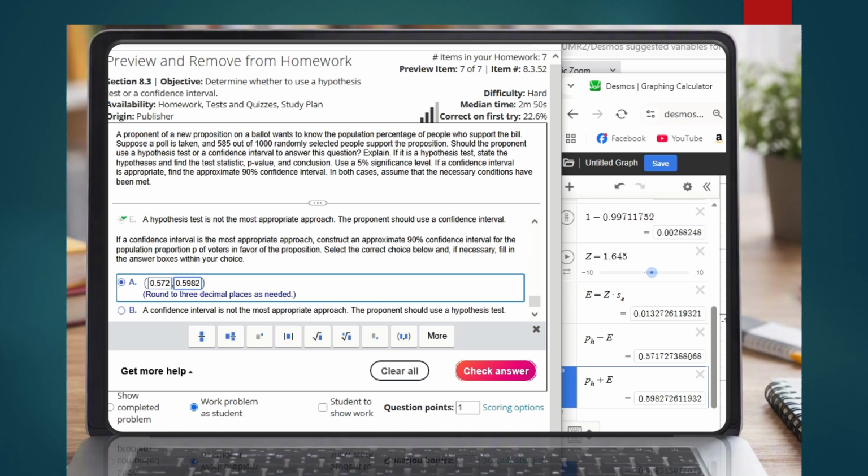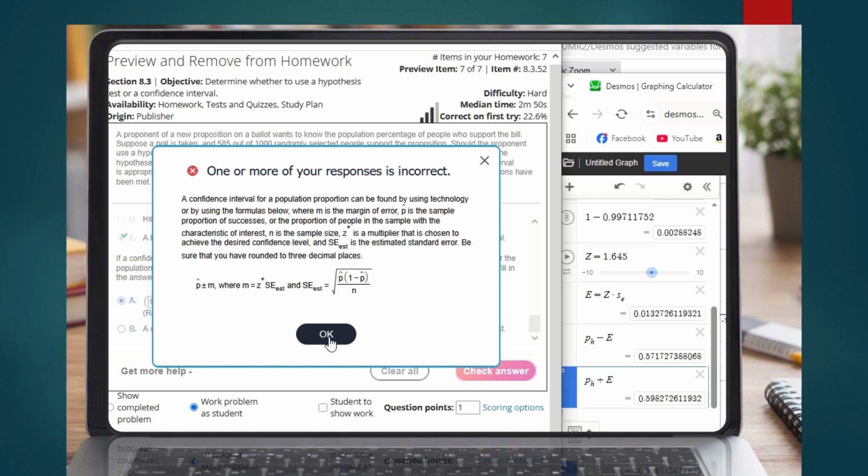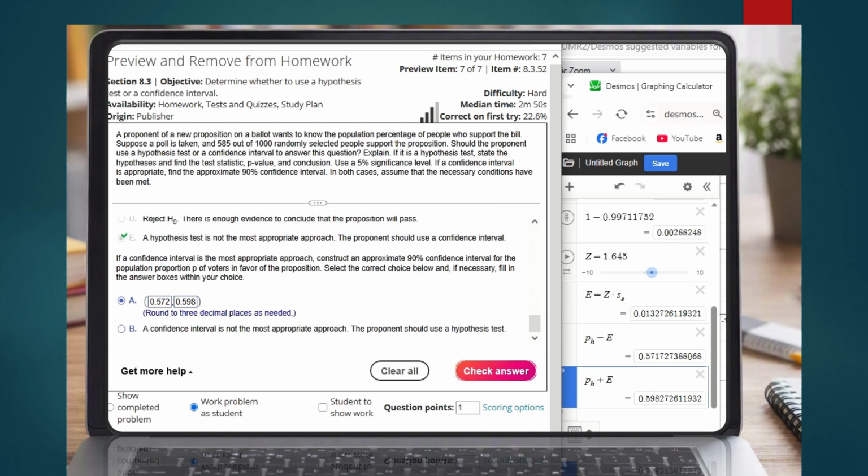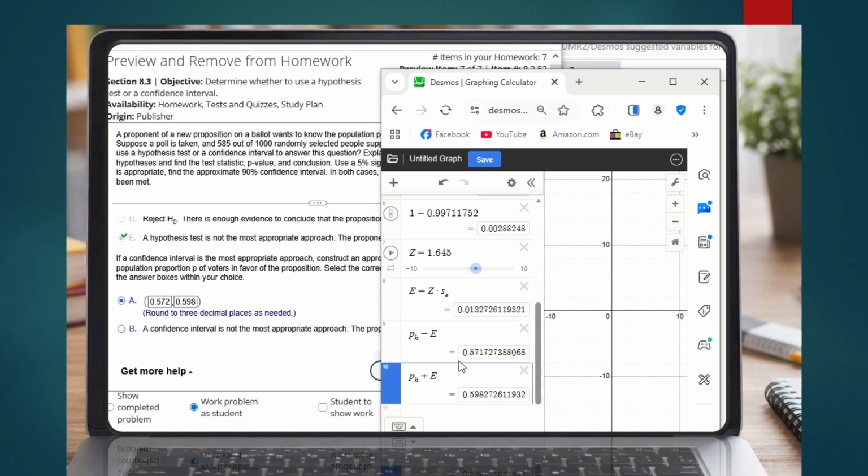Rounded to 3 decimal places would be that right there. A little tired, but hopefully okay. Oh, I did the same thing that I did before. Let's see what I did wrong here.